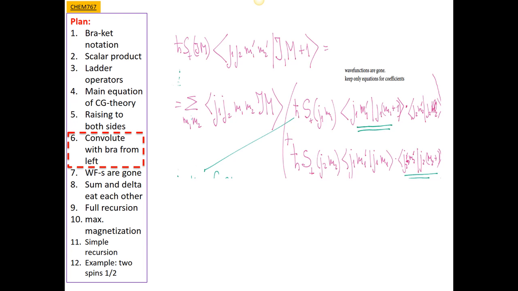So what can we do? Okay. I suggest, this is general, this is the full recursion relation. But let's focus on a simple, more particular case. For example, if we are looking at the values of M capital equals J capital.